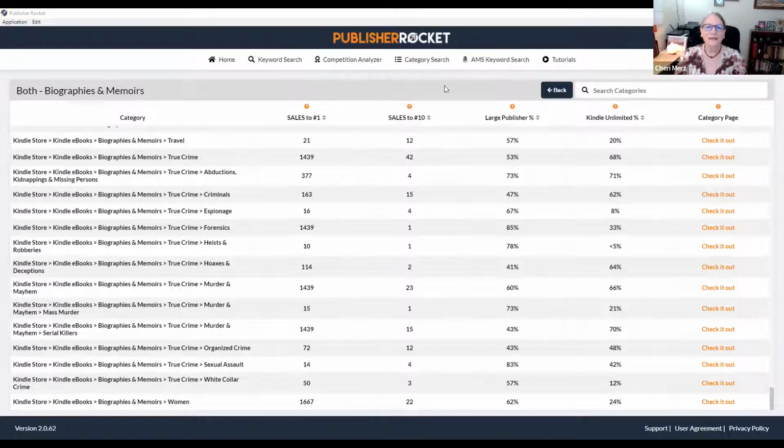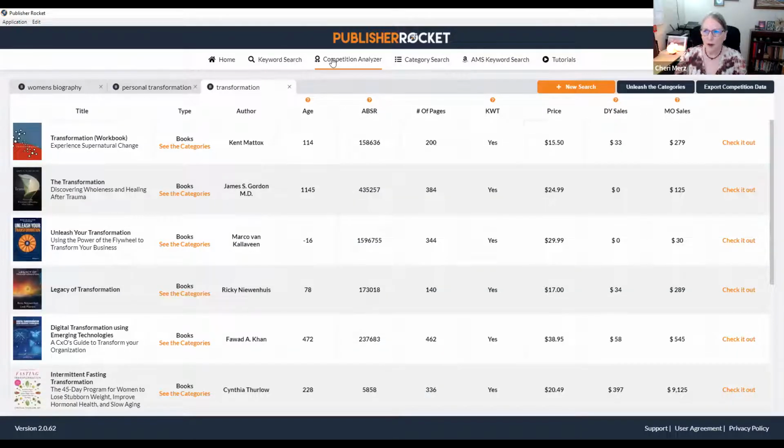So this is not the only way to get data from Publisher Rocket. Obviously, there's keyword search and the competition analyzer. So I misspoke when I said the competition analyzer tutorial is not correct. It will show this particular view.